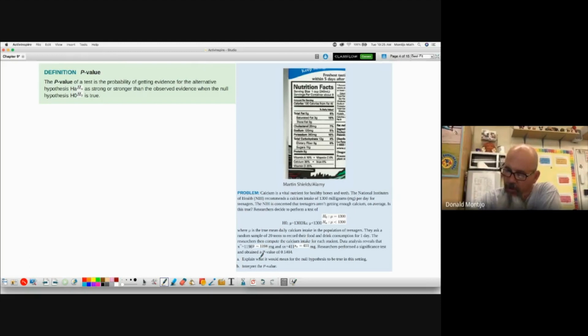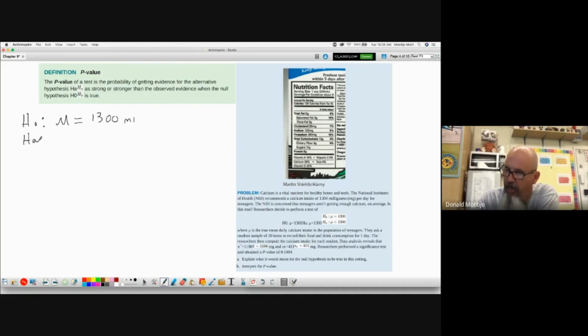So remember, the null hypothesis, H naught, is always going to be what is claimed. There is no difference. The null is, let's test, are these teenagers really getting 1,300 milligrams per day? The researcher is concerned that teenagers are not getting enough calcium.